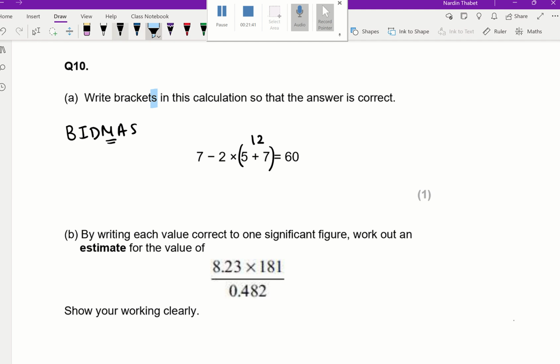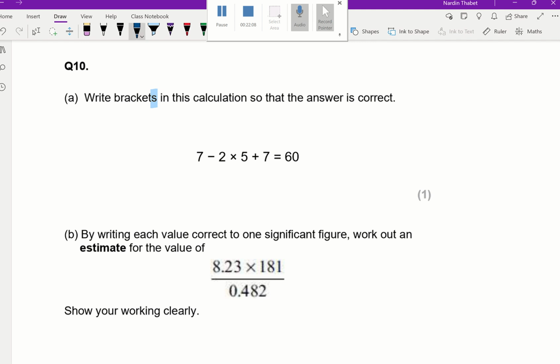It says brackets, so I'm going to put 2 brackets. 7 minus 2 is 5. That's starting to look positive. 5 times 12 equals 60. So what you need to do is try a few things, and you can even try it with a calculator, to be honest.